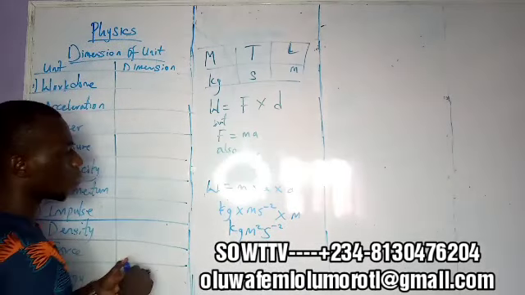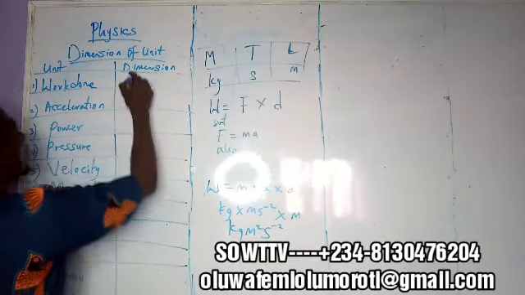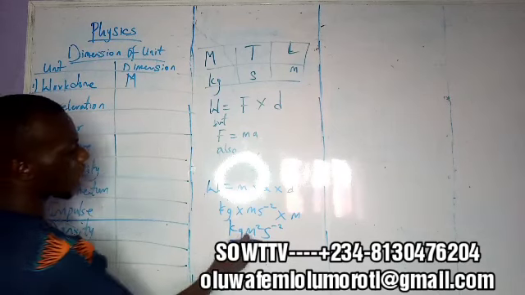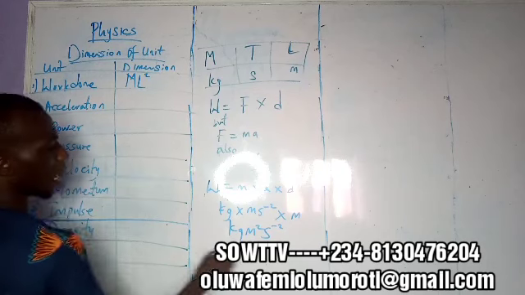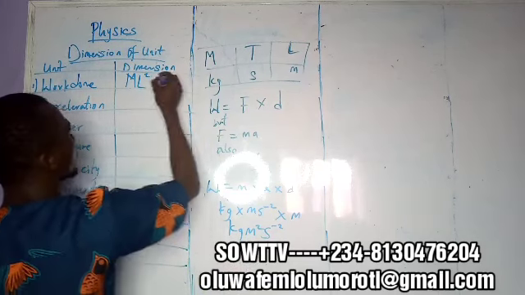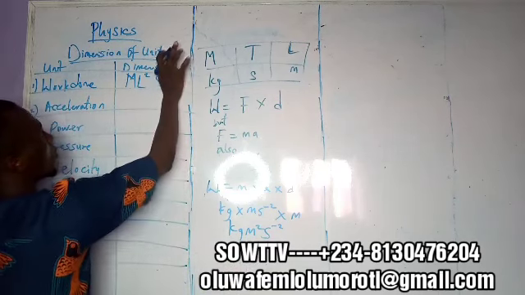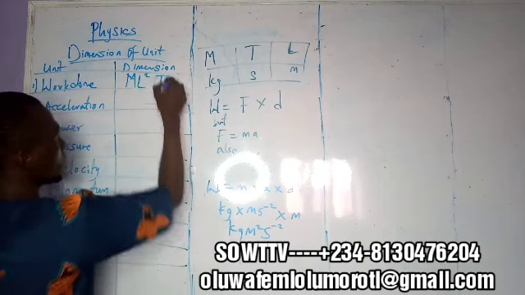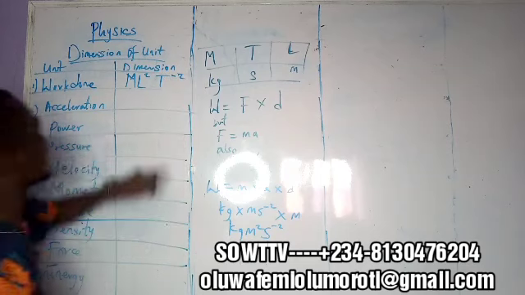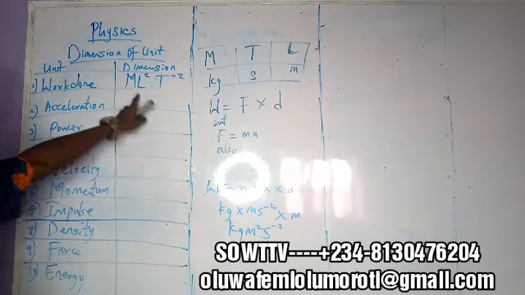Just interpret: kg is M, m^2 is L raised to power 2, and seconds is time, T, to the power minus 2. That is the dimension of work done: ML^2T^-2.